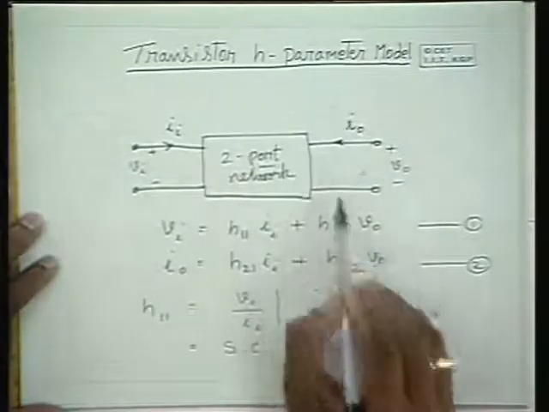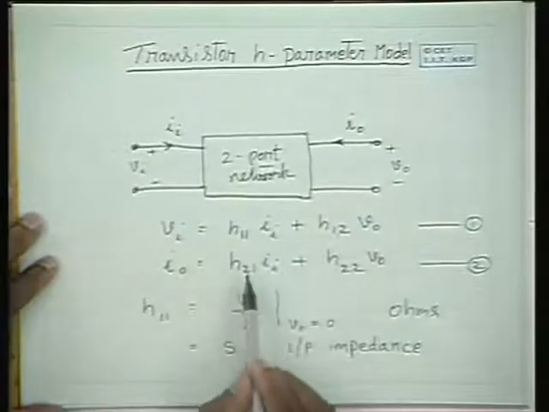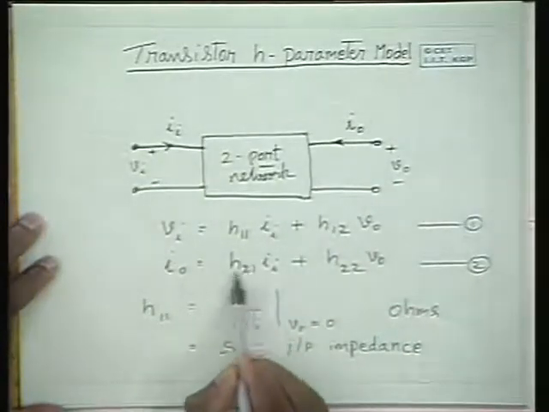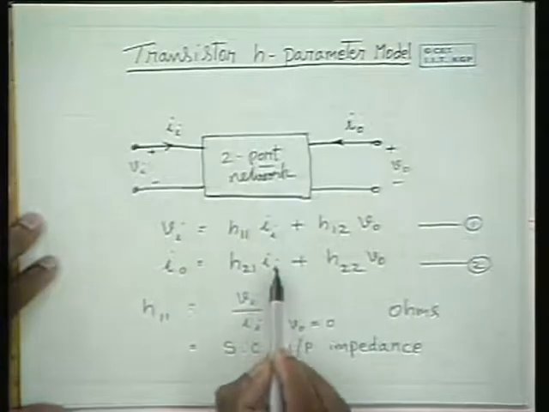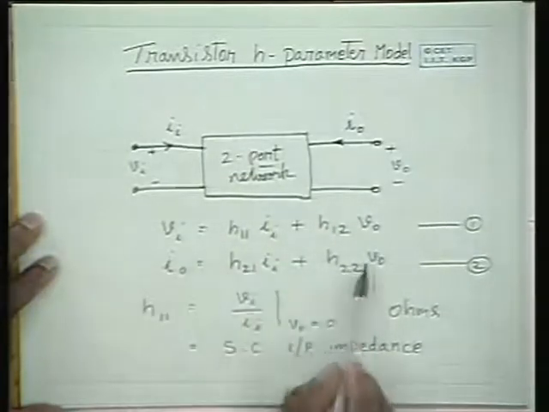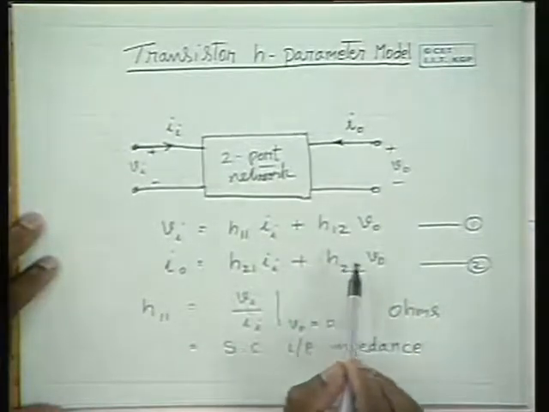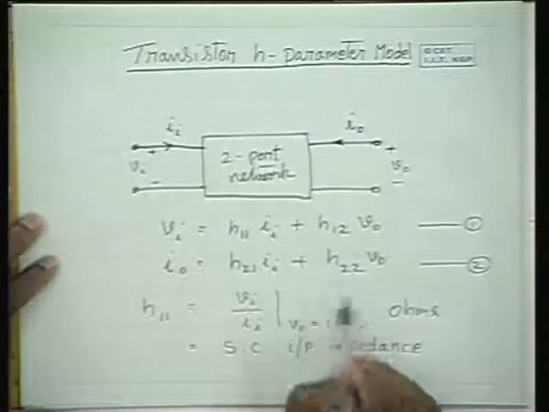So it has to be two parallel branches. One parallel branch is a current source whose value is proportional to the input current, and the other branch is as if there is an admittance connected across V2, and the admittance value is H22.